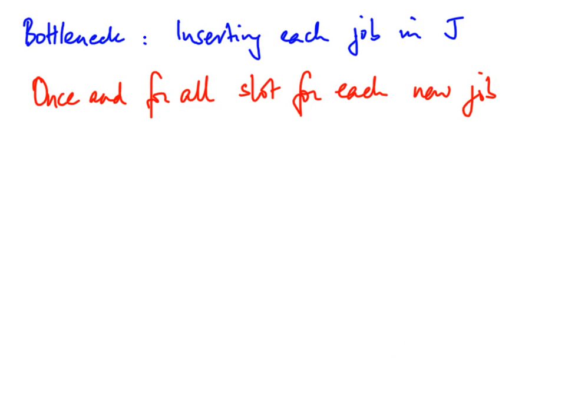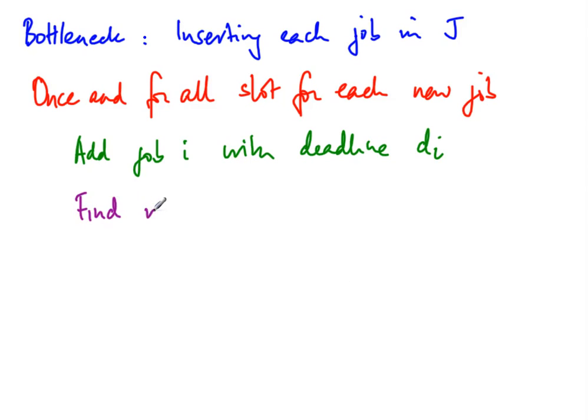right? So we have that we want to add job i with deadline di. Okay. Now suppose we can find the rightmost free slot before di.